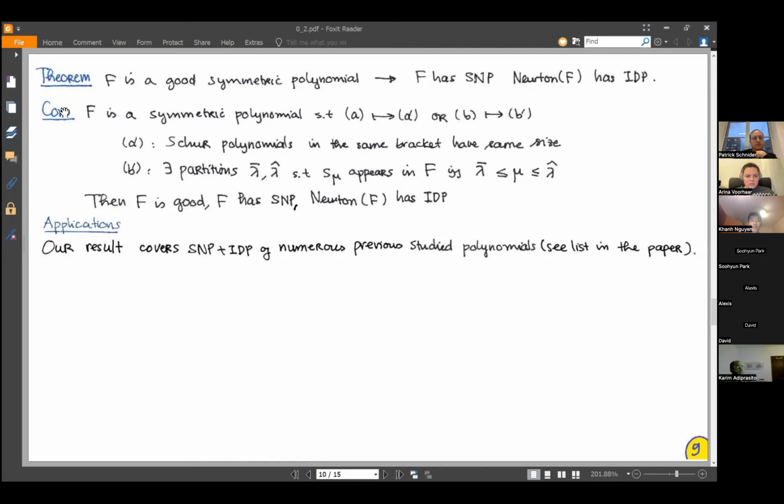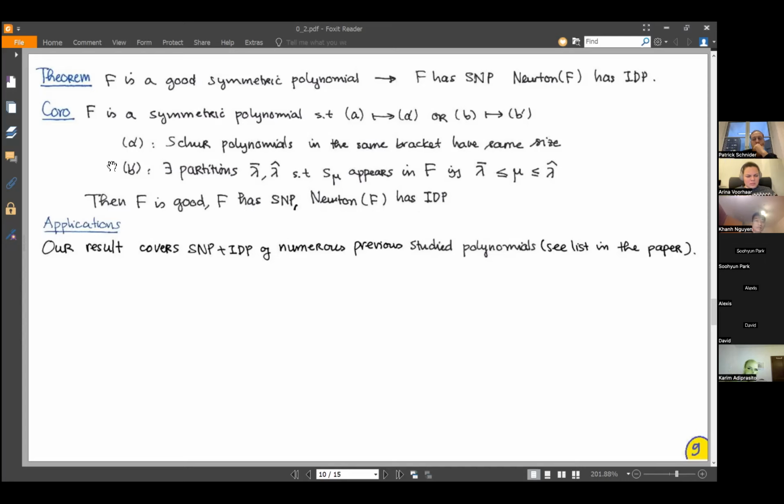And when F is a symmetric polynomial satisfying the two conditions A prime and B prime, we can conclude that F is a good symmetric polynomial, and it has SNP, and the Newton polytope of F has IDP.